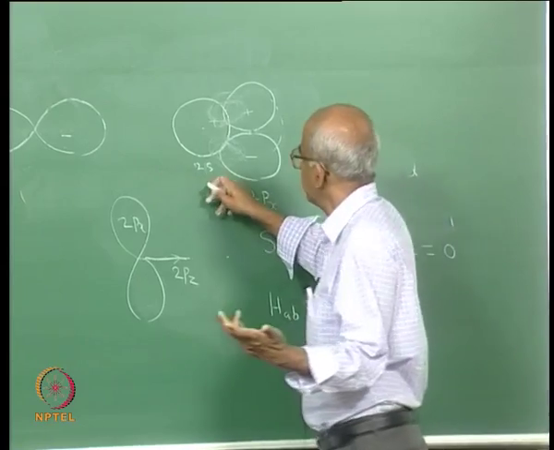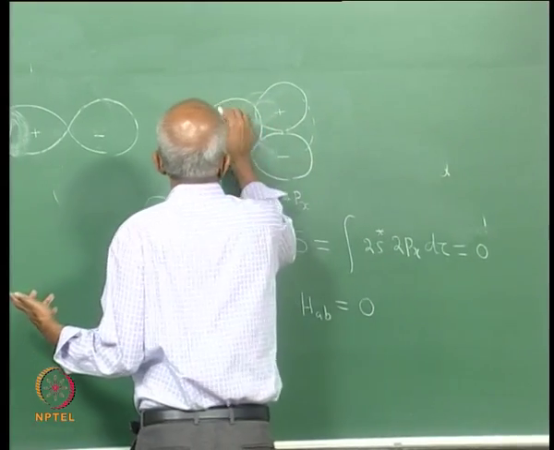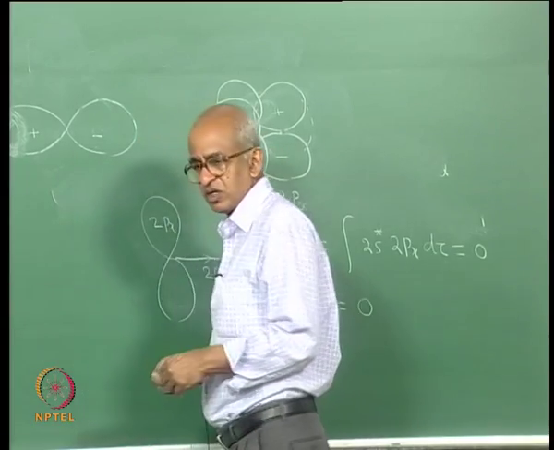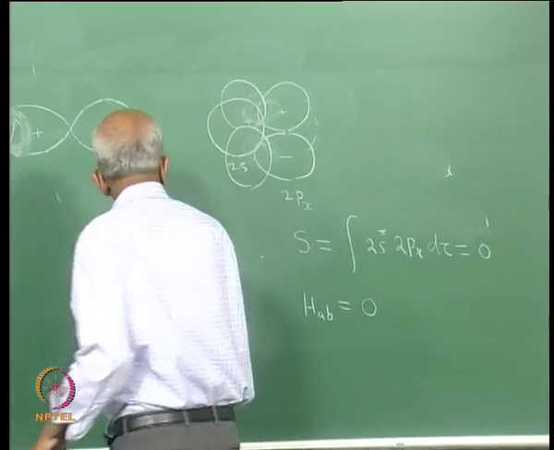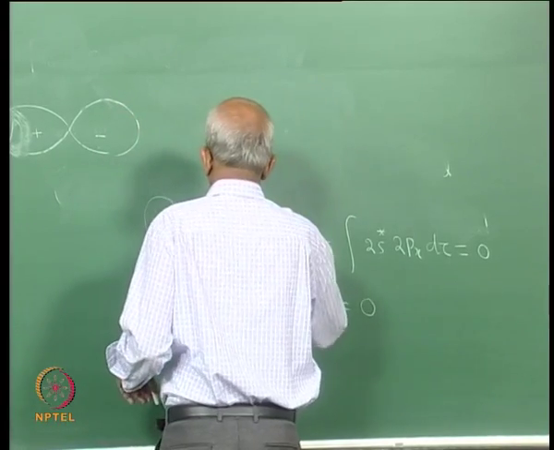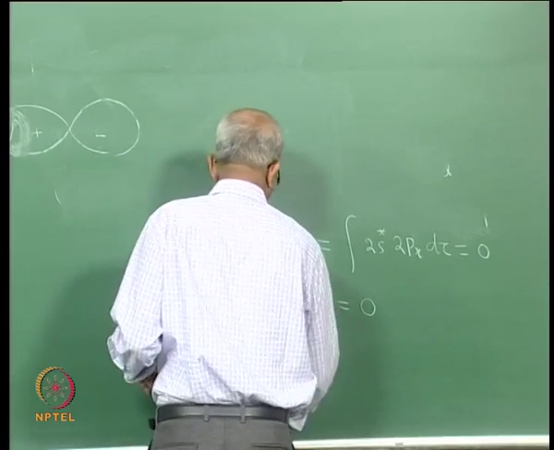Answer is actually simple. You think of 2px on the other atom, its shape would be something like this, right. So, let me draw them in a figure.